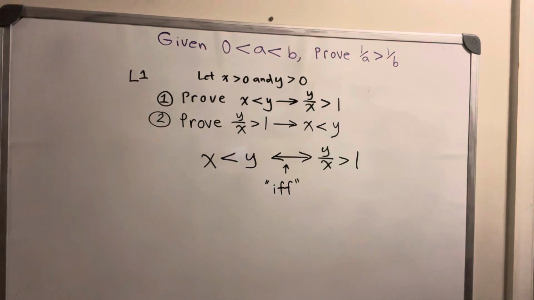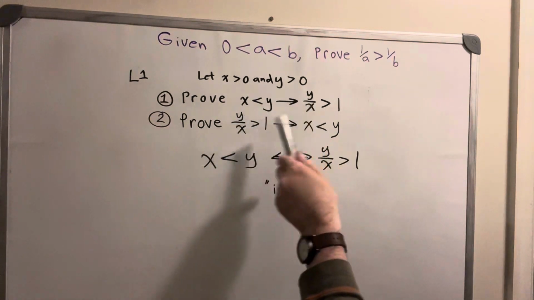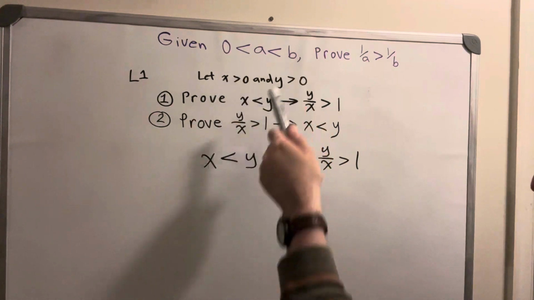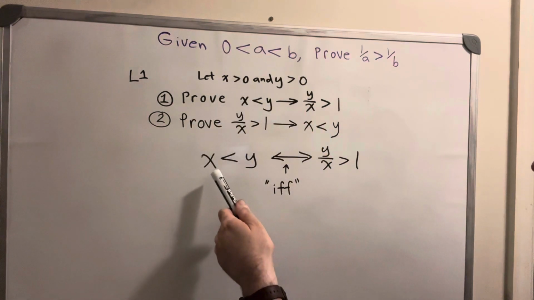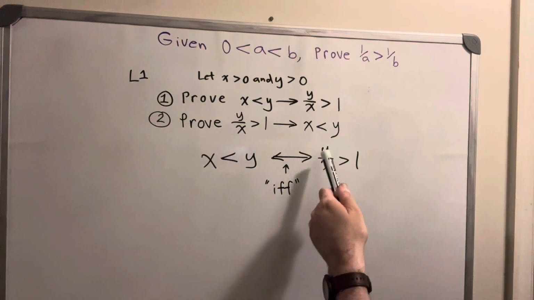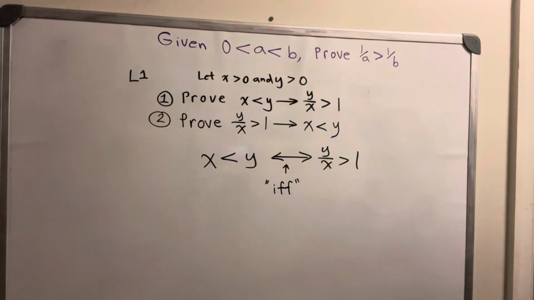Now that we've proven both implications, we can say that for x and y both greater than 0, x is less than y if and only if y over x is greater than 1. So that's a lemma that we will use in the proof to follow.